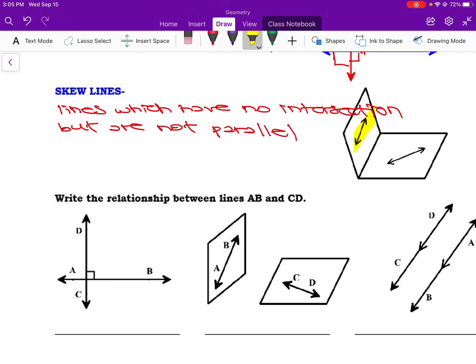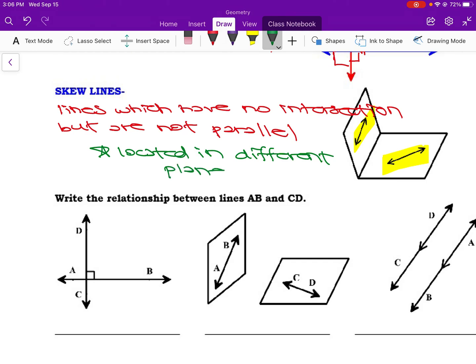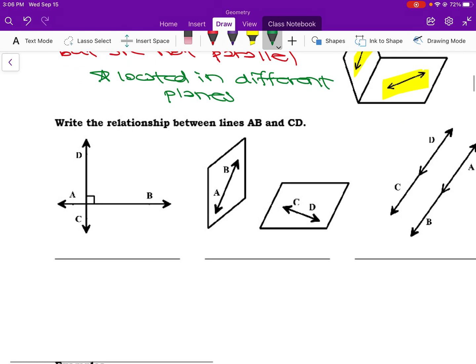So if we look at the diagram here, notice I have this line here, and it's not going to intersect with this line. They're actually in different planes. So if they are located in different planes, they will never intersect if they are skew to one another. Okay, so this is kind of a special topic. Again, they never intersect, but yet they're not parallel.